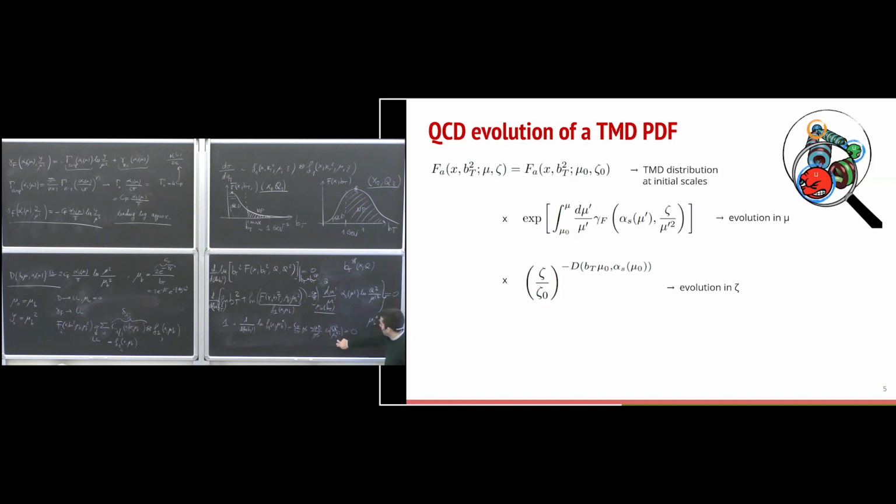The dependence on bt sits inside the log, the alpha strong and the collinear PDF. So we need to invert this equation in order to write bt, saddle point, as a function of x and q squared. The x dependence will come from here, and the q dependence will come from here.